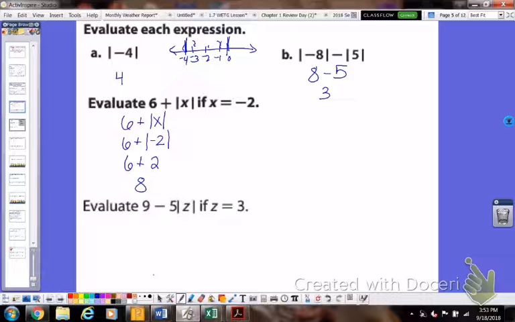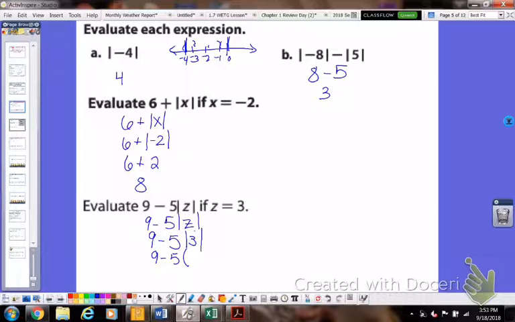And last one on this slide, 9 minus 5 times the absolute value of z, if z equals 3. So 9 minus, just going to rewrite the problem real quick. Now we show our substitution. 9 minus 5 times the absolute value of 3. 9 minus 5, it changes to parentheses now.